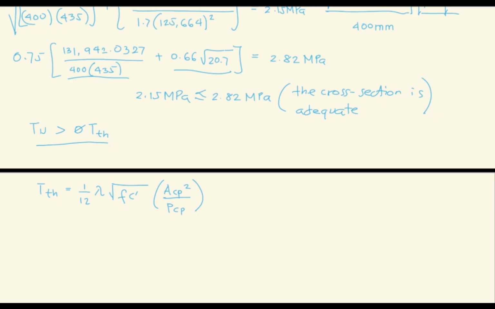ACP is the outer cross-section of the dimension, and PCP is the perimeter of the same dimension. So 1 over 12 times 1 times square root of 20.7 multiplied by this quantity. So the cross section is 400 by 500.